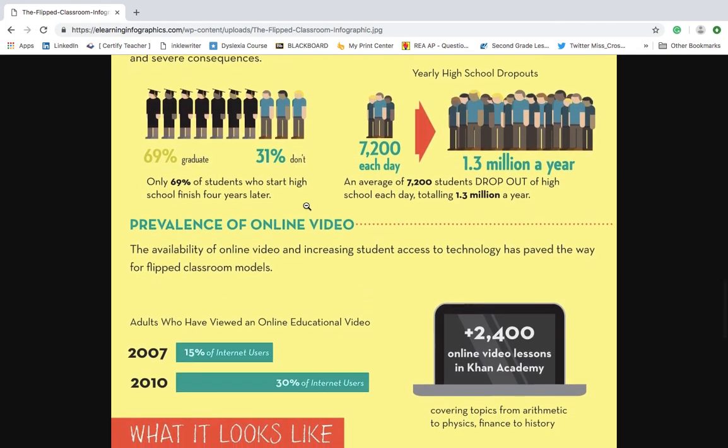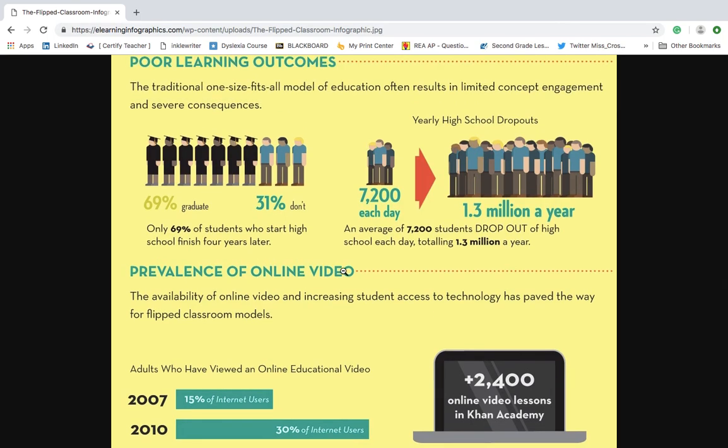But then, this is what really amazed me. Giving students online availability increases their access to technology, which has then incorporated their methods of learning in a flipped classroom model. Because did you know that in 2007, 15% of internet users viewed online educational videos?